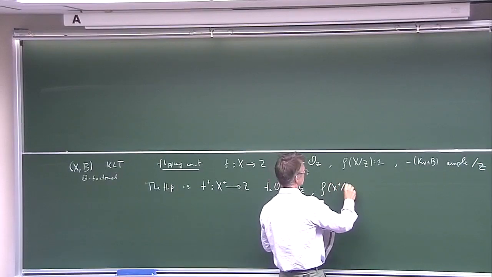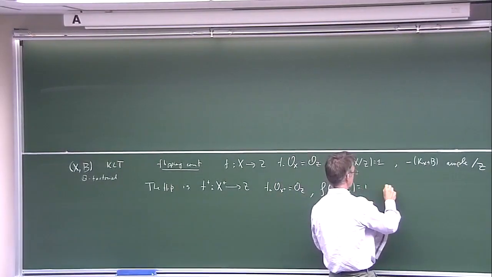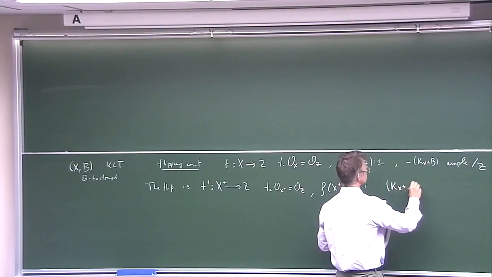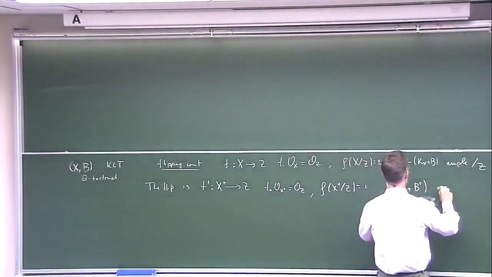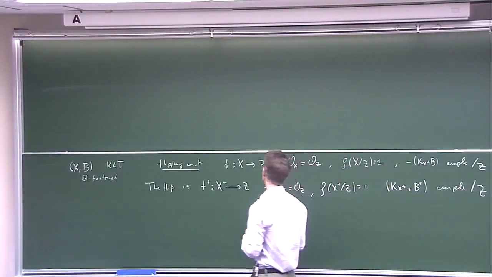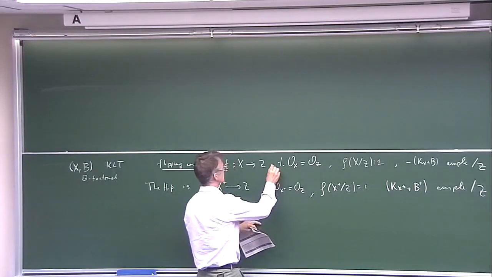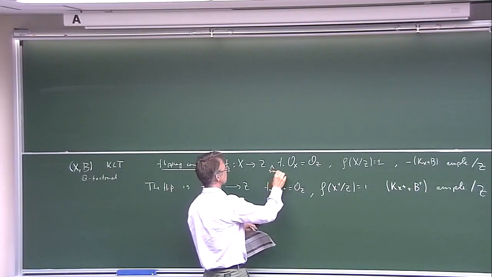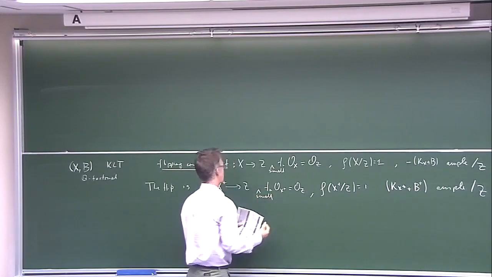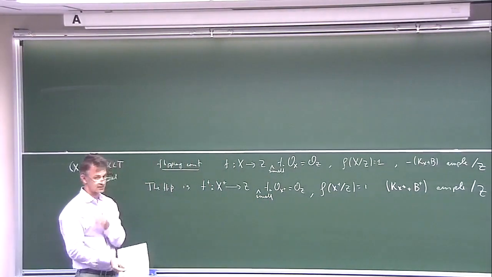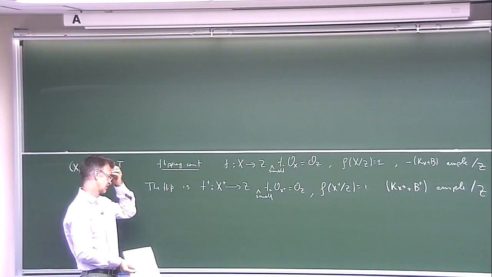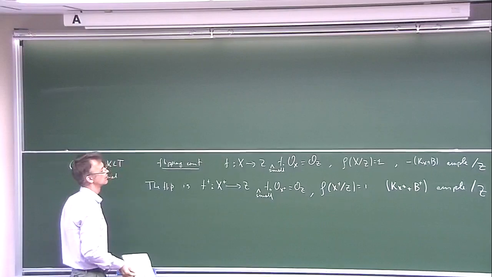So the relative Picard number is still 1, but now K_X+ + B+ is ample over Z. And of course, I forgot to say it, I should say that this morphism is small. So that means that they are isomorphisms in codimension 1. The map does not contract any divisor.